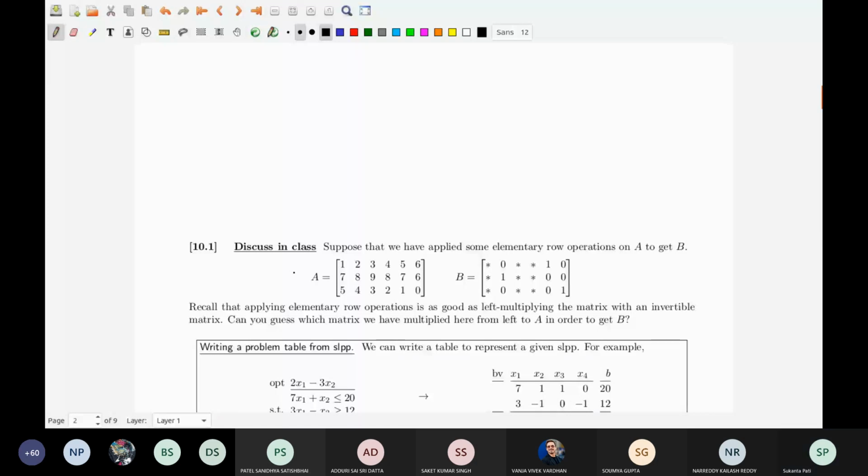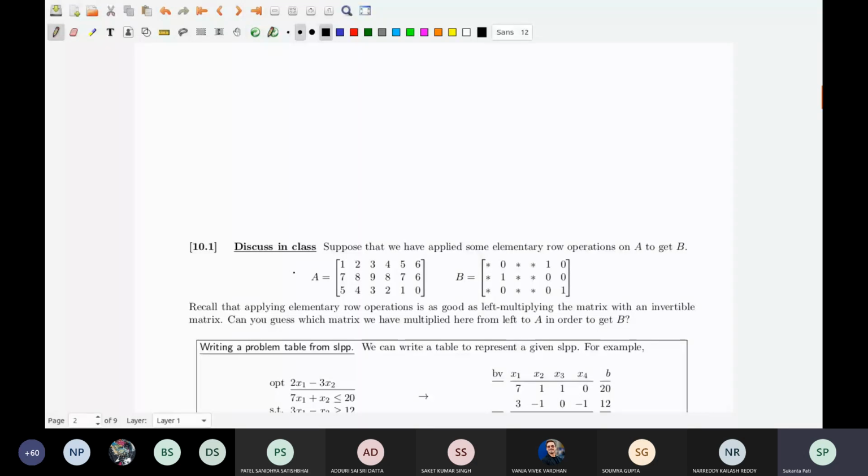And then I allow you to do elementary row operations on A. Remember from your first semester days, wherever you learned linear algebra, that doing one elementary row operation on the matrix A is nothing but multiplying the matrix A from the left by an invertible matrix called the elementary matrix.